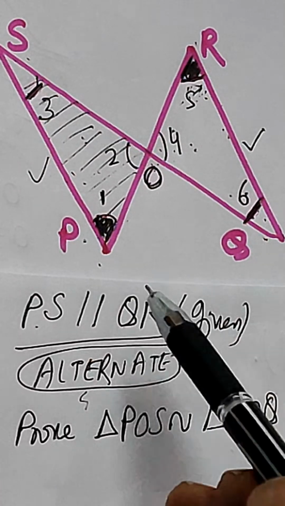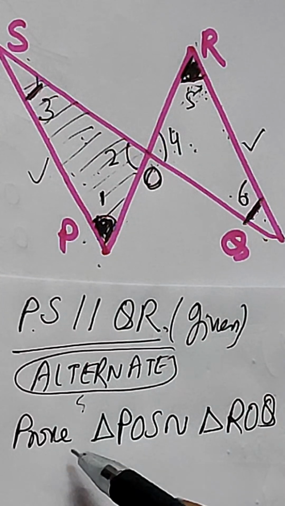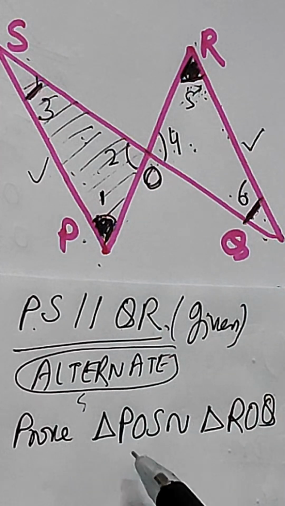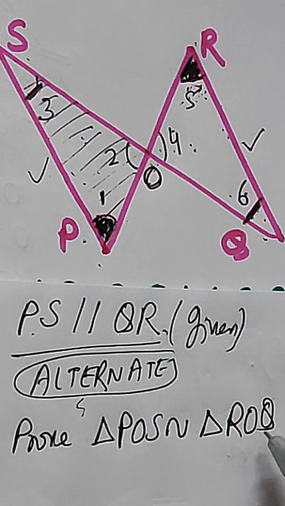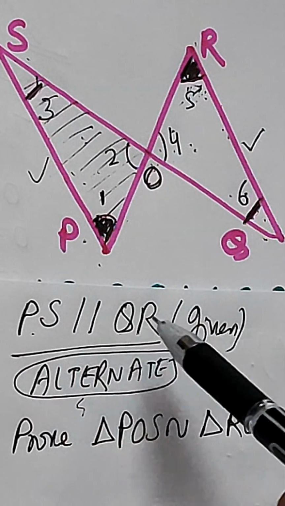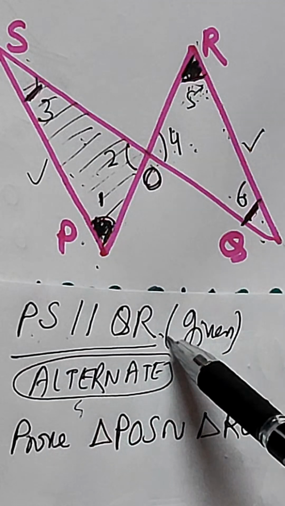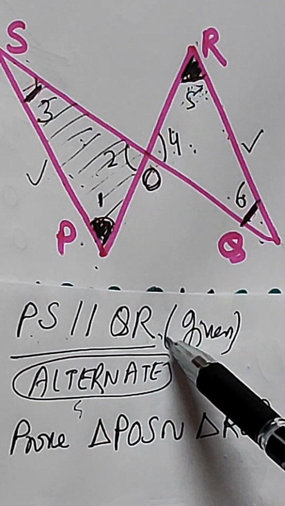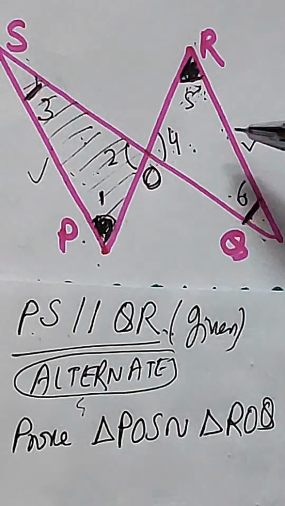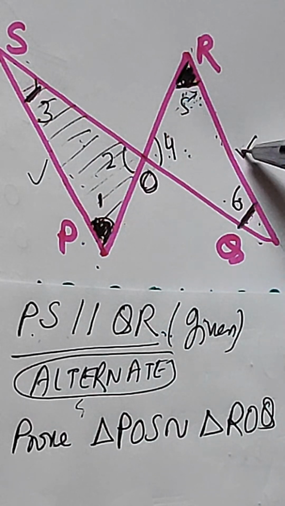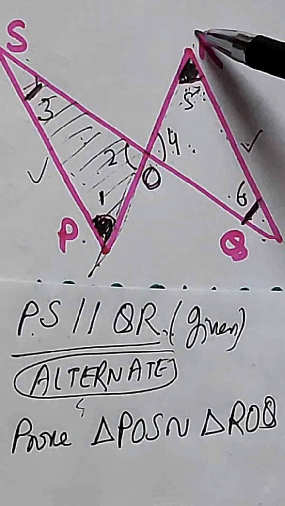Yep. So we are going to prove the alternate part, that is, triangle POS is similar to triangle ROQ. We need to prove here PS parallel to QR, which you have already proved, right? Then if PS is parallel to QR, then PR is a transversal.